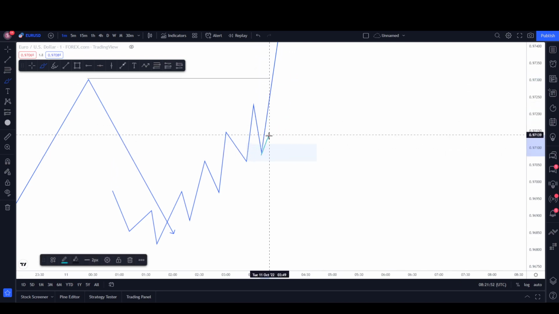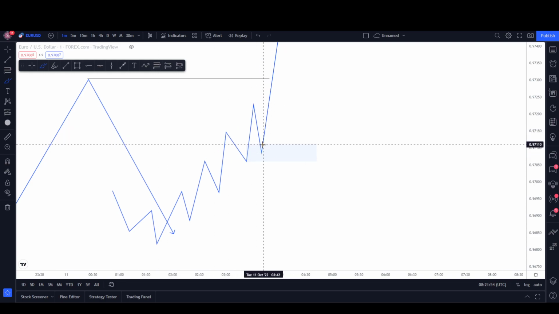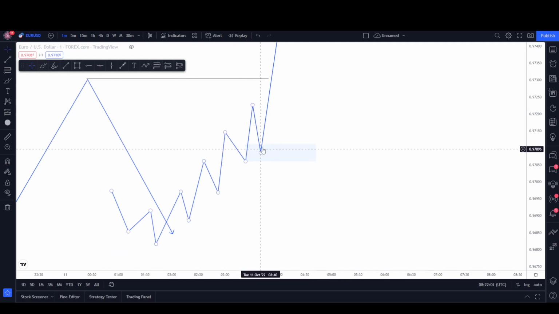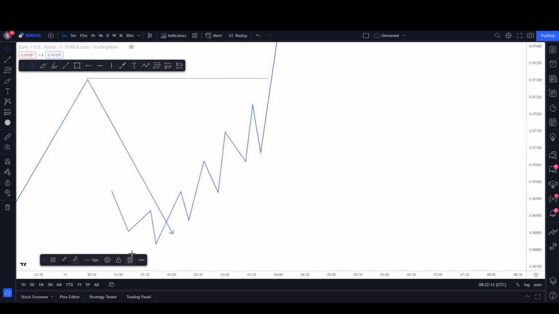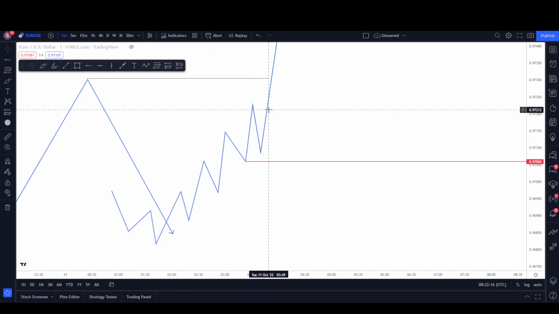Wait for a QM on a lower time frame, or some other accumulation or distribution formation, because if you're not sure if this low is strong and you're just blindly taking buys, continuation trades are where you're going to take more losses, because inducement will happen more times in continuations. So it's a riskier place to enter. So wait for confirmation when doing that.